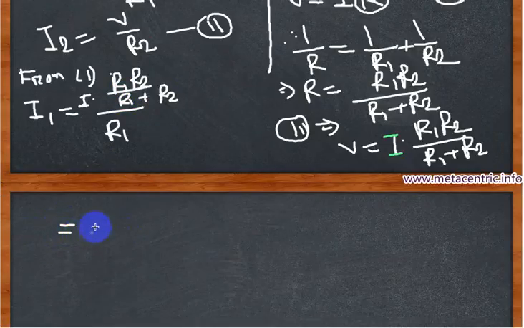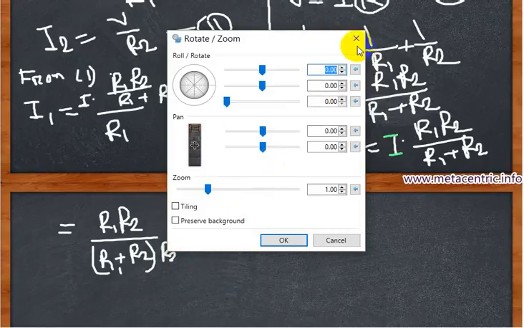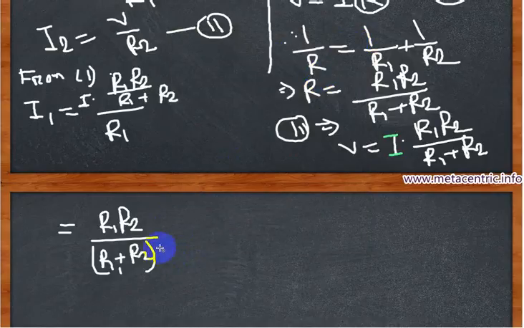So simply we can write R1 into R2 divided by R1 plus R2, into I, divided by R1.